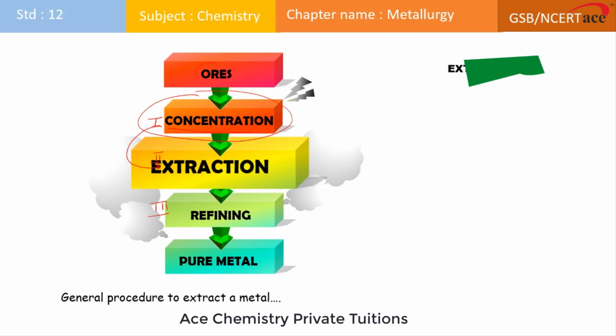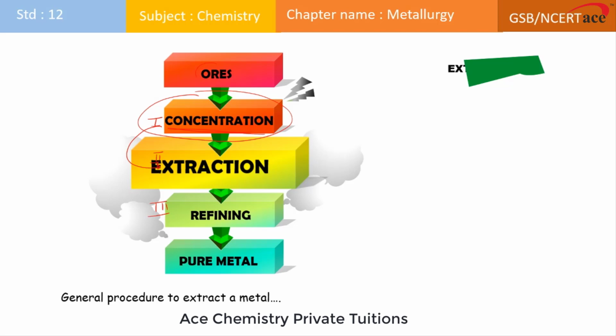So basically we carry out extraction, student, to remove those types of impurities that we were unable to remove in the earlier step, that was what? Concentration. So for removal of impurities in the extraction part, we heat the concentrated ore.